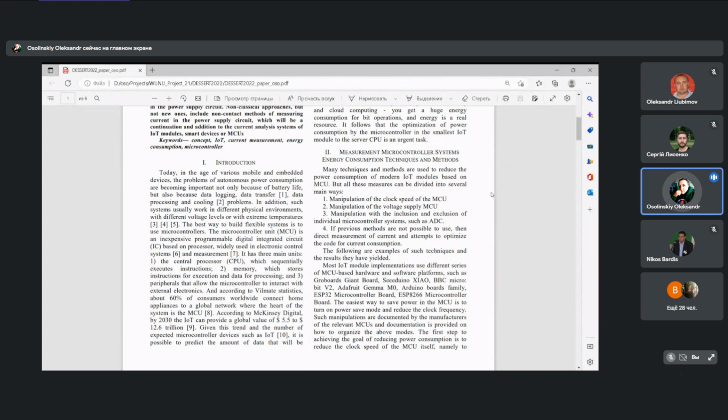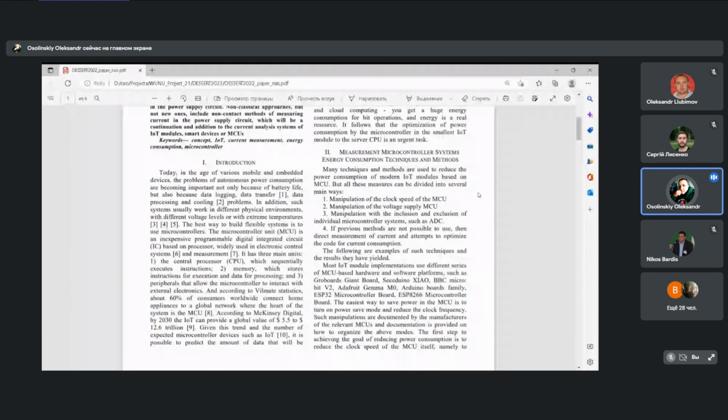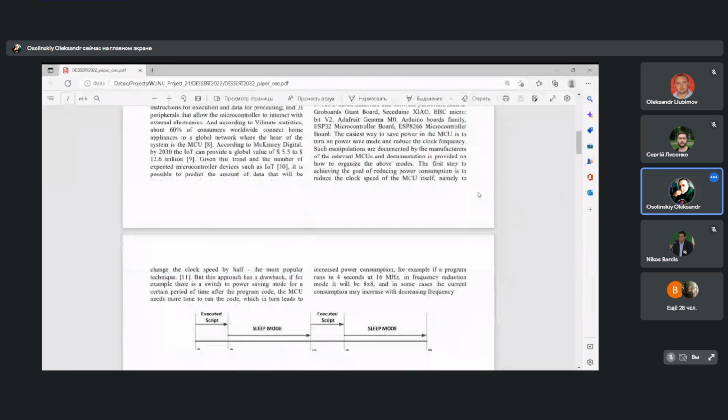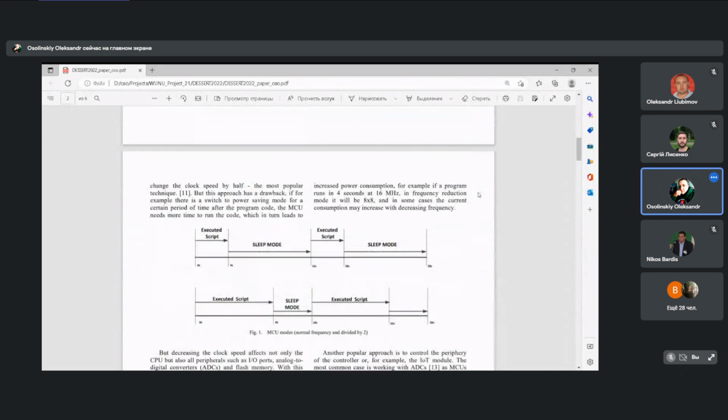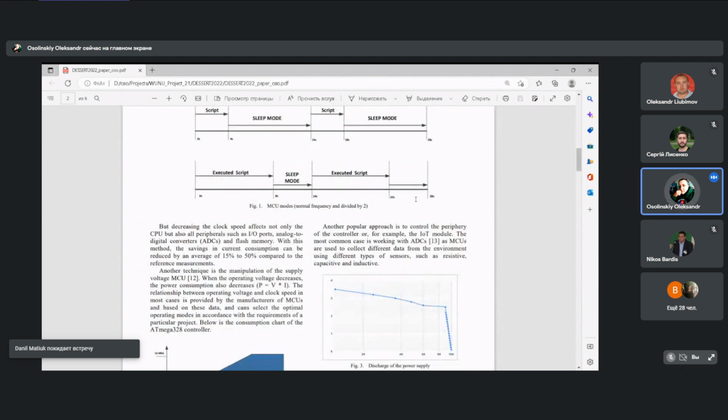My work is divided into three big parts. In the first part, we analyze in general how to decrease the energy consumption. It's a classical method: decrease the clock, or decrease, for example, the frequency, and we get some profit in power consumption.